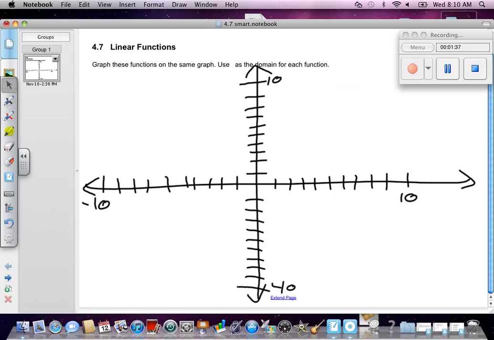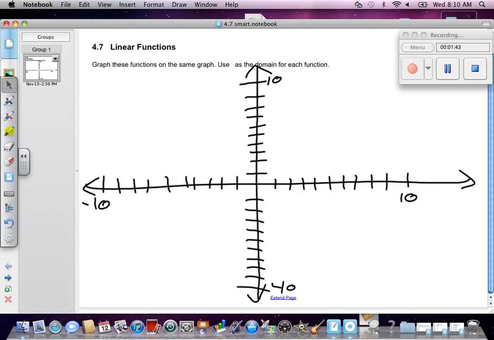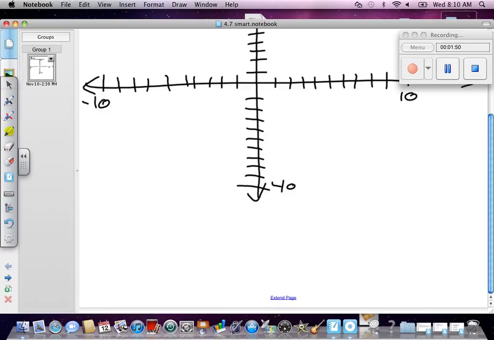So, ladies and gentlemen, we are going to go through and graph these. If we are looking at number 1, it says f of x equals 2x plus 3.